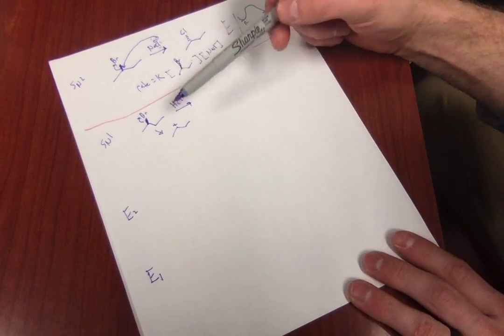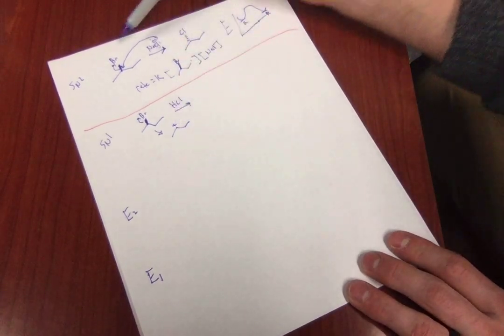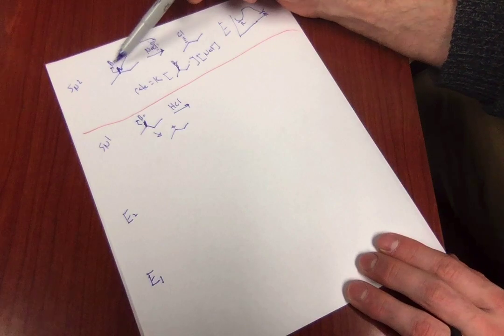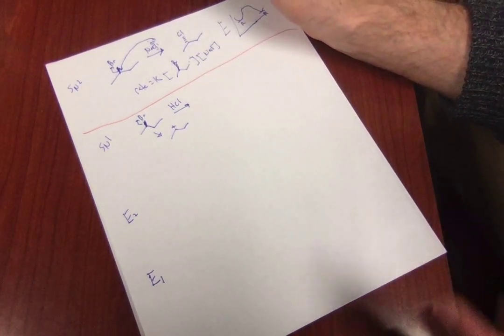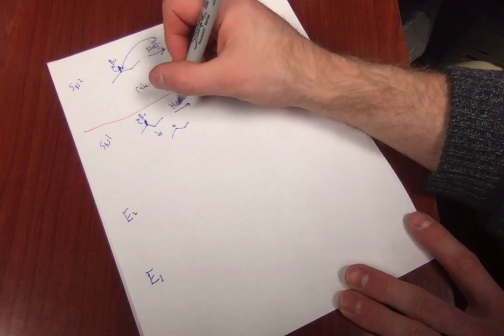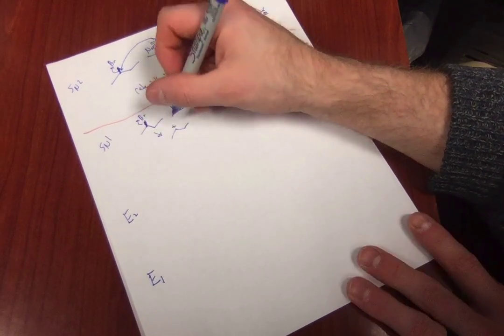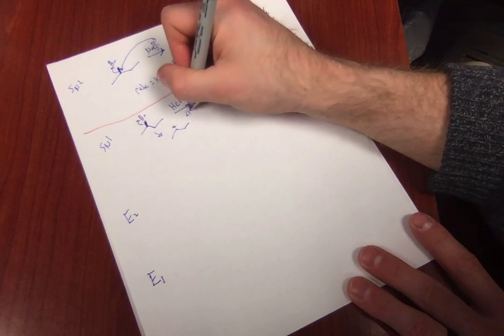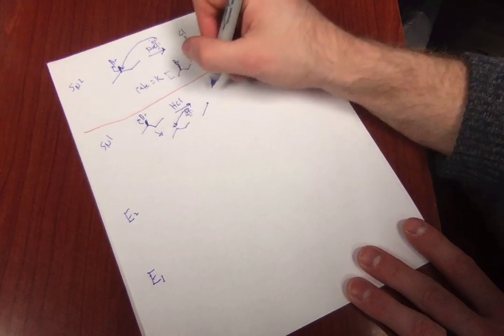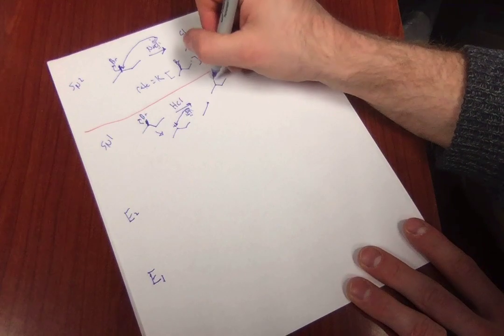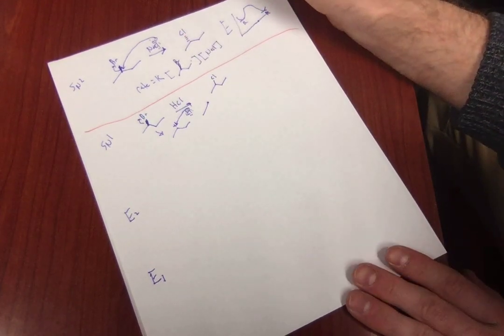At this point, there is no stereochemistry. There's no large Br blocking one direction. So our Cl minus can come in from either direction. It doesn't care. It just sees a negative spot or a positive spot. It's going to give us this product here.